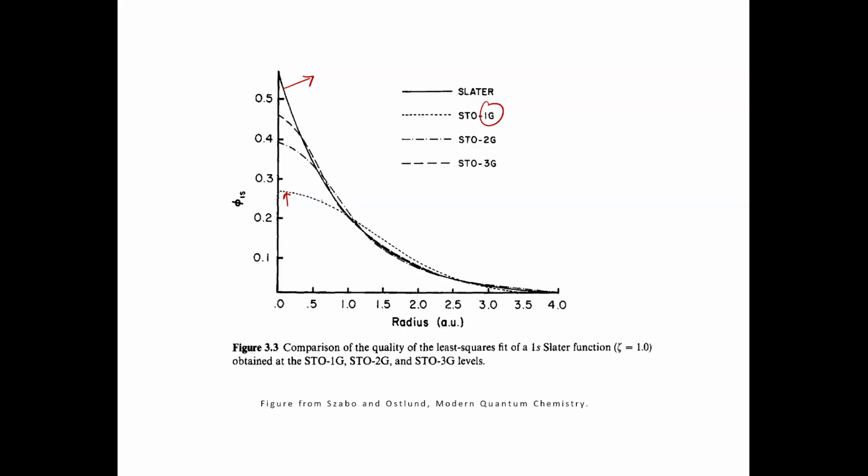If you look at this, this is the short range behavior, which is completely off from the exact one, right? But in the middle range it is also fine. However, in the long range it also deviates. Now if you take two Gaussians, you see it goes closer to the actual one, and even with 3G it goes even closer, right? That's what is given in this plot.